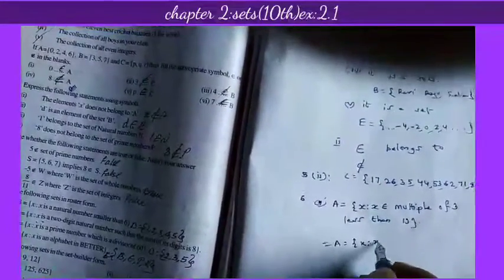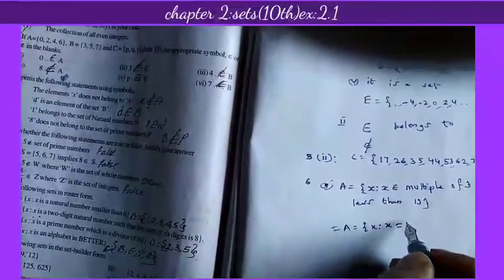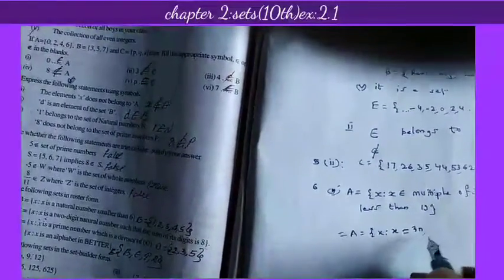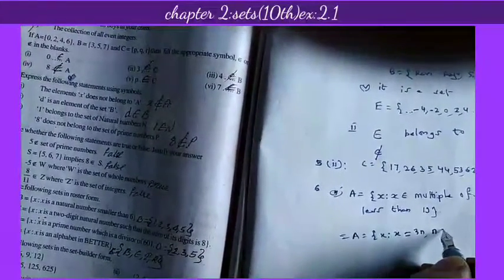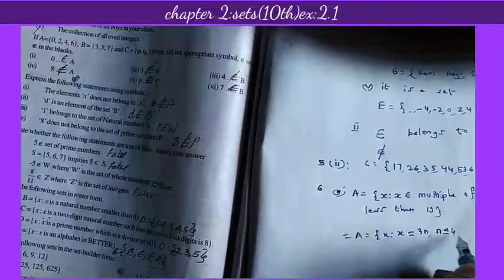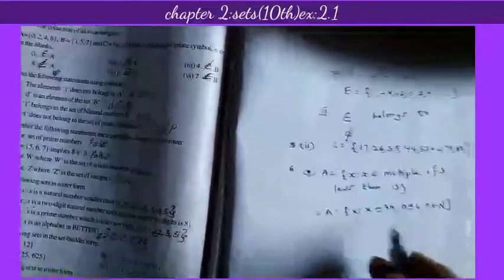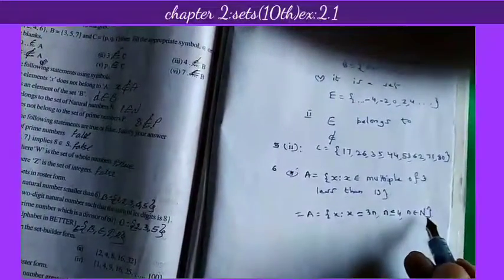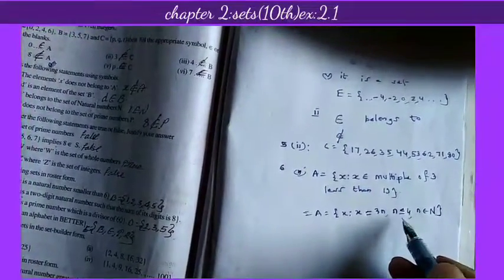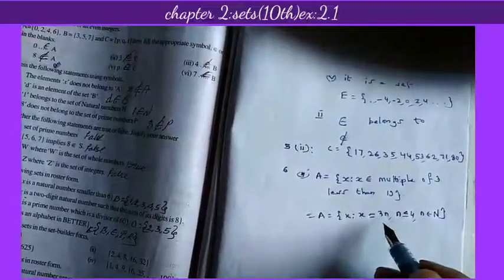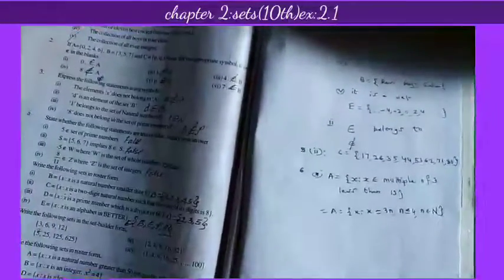And we can write it in another way also, that is A equals the set of x such that x equals 3n, where n is less than or equal to 4 and n is taken from natural numbers. So 3 1s are 3, 3 2s are 6, 3 3s are 9, 3 4s are 12. So we can complete this list form by turning it into set builder form.